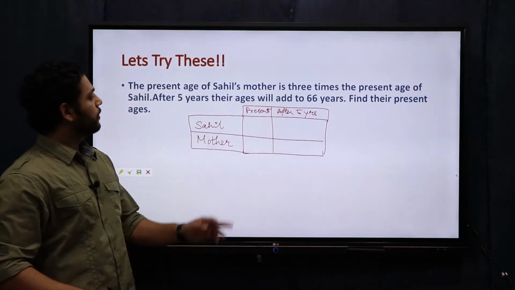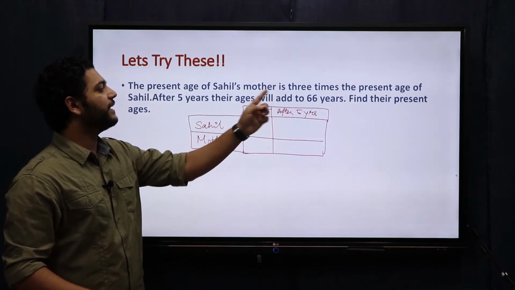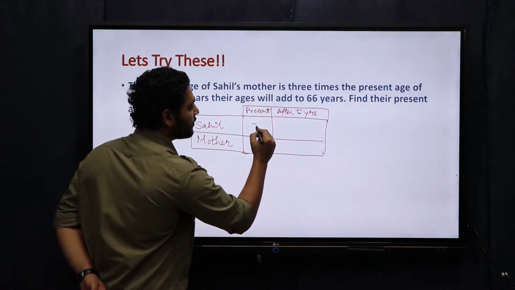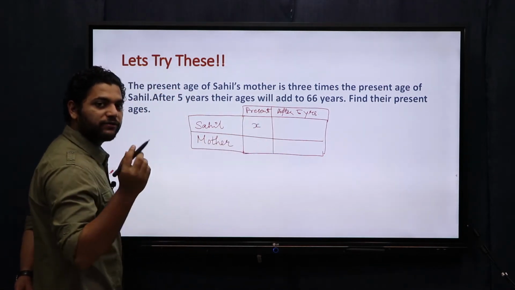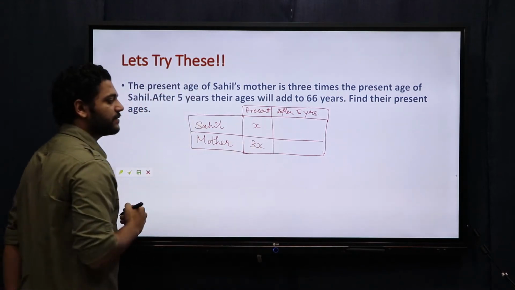It is given that the present age of Sahil's mother is 3 times the present age of Sahil. So, let me assume the present age of Sahil to be x. So, his mother's age would be 3 times Sahil's, that is 3x.